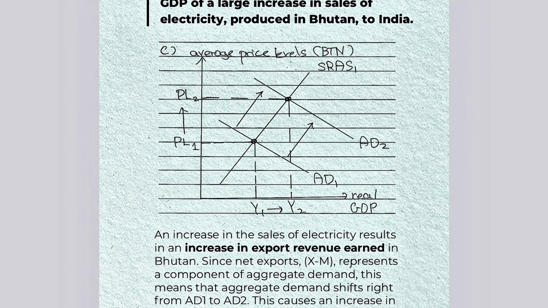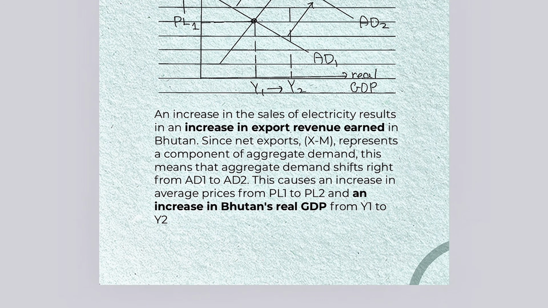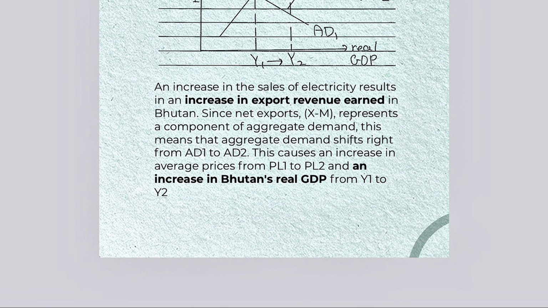The other 2 marks come from the explanation. Let's have a look. An increase in the sales of electricity results in an increase in export revenue earned. Since net exports, X minus M, represents a component of aggregate demand, this means that aggregate demand shifts right from AD1 to AD2.